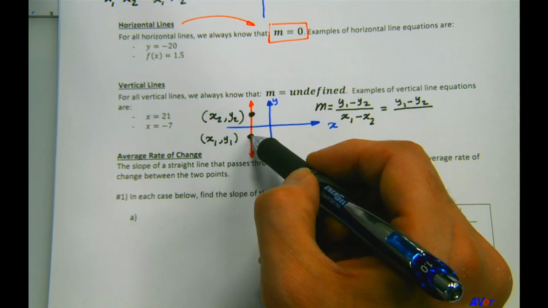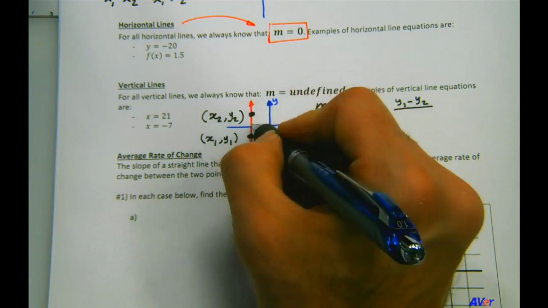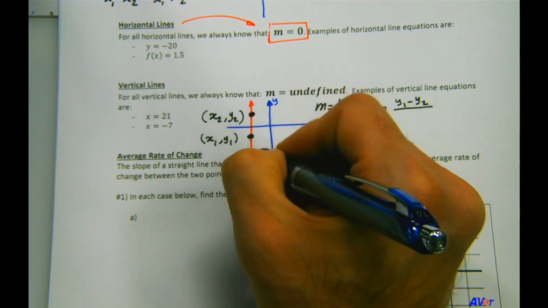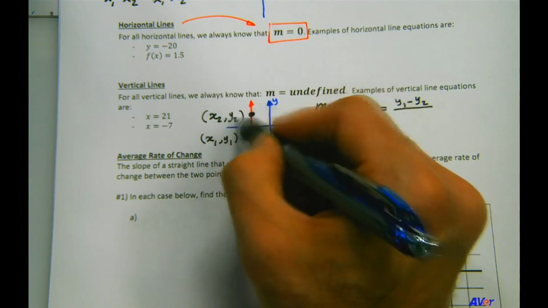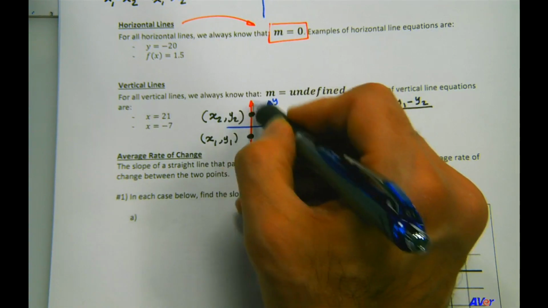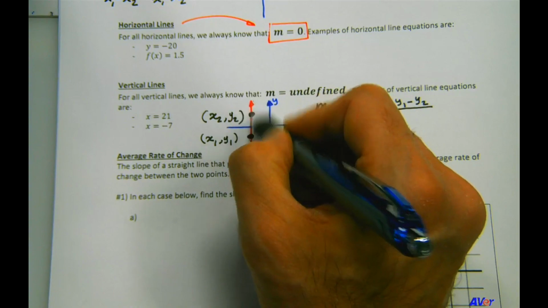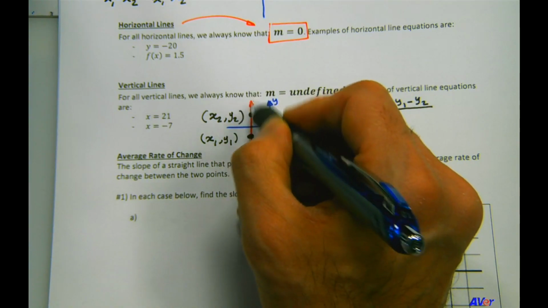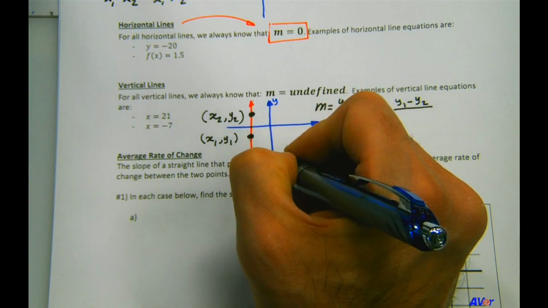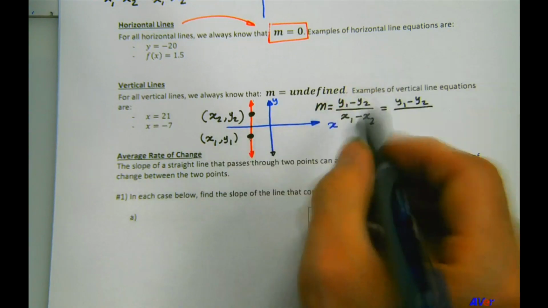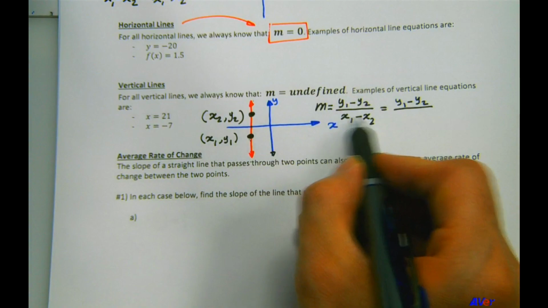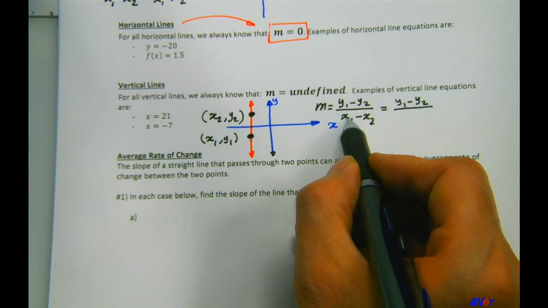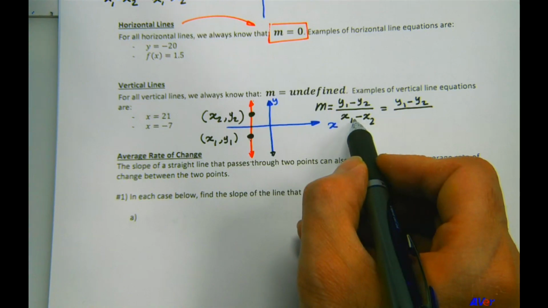It would have to be the same because at that point along the line the x values do not change. Only the y values change, but the x value stays the same. The x value for all the infinitely many points along this line is going to be the same. That means even though we don't know what x1 and x2 are, we know they must be the same number.